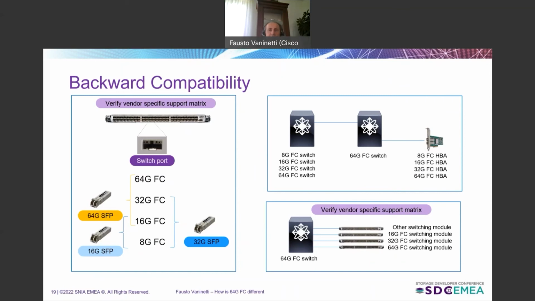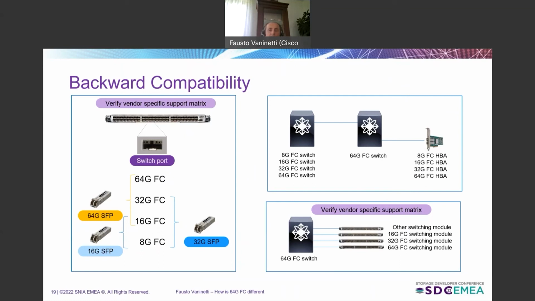64 gig fiber channel switches can be connected to same bitrate switches or older switches operating at a different speed. At the same time, they can be connected to HBAs that can be very new, operating 64 gig fiber channel, or they can be a little bit older and operate at 32 gig, 16 gig, or even 8 gig fiber channel.